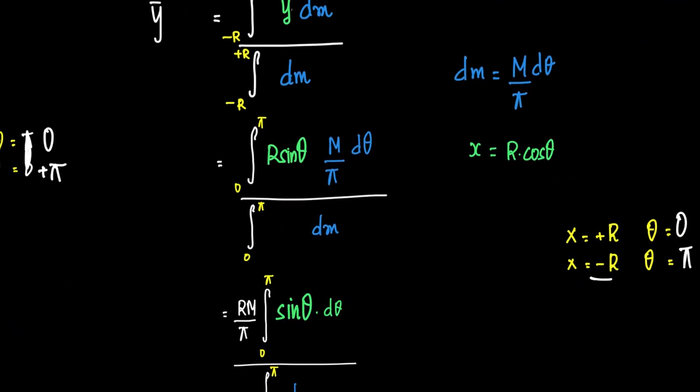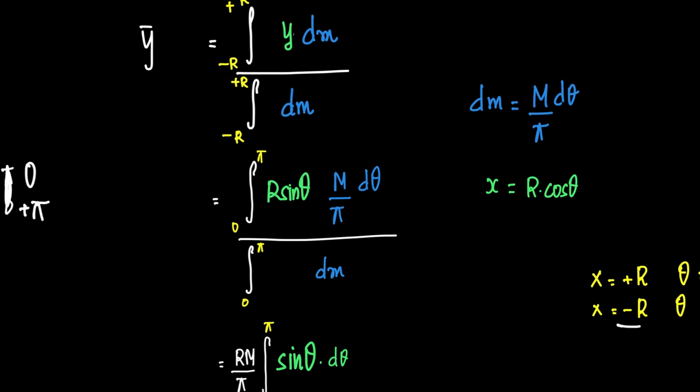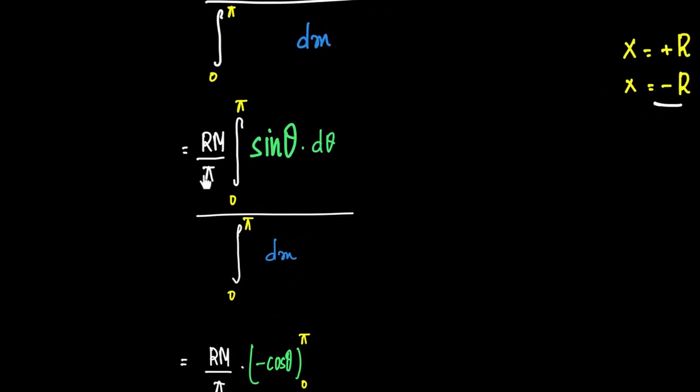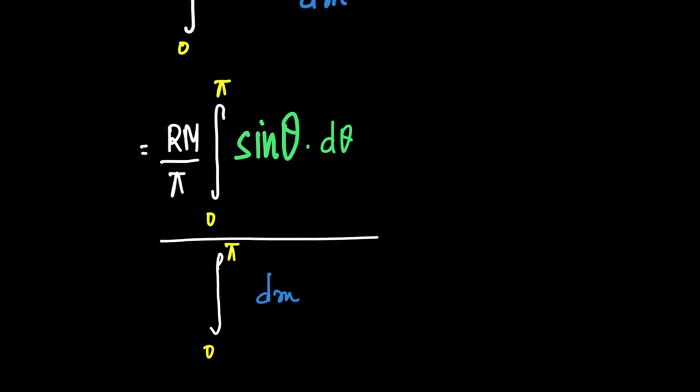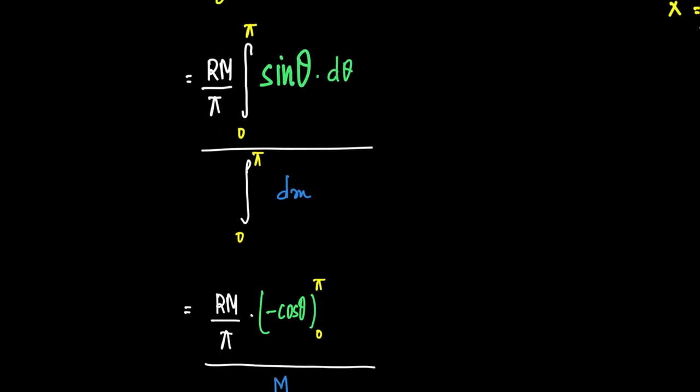Okay. Now the derivation, how does it vary? Instead of r cos theta, we have y is equal to r sin theta. r is a constant, m is a constant, pi is a constant, they can go out of the integrand. So we have rm by pi into integral 0 to pi sin theta. What is integral 0 to pi sin theta equal to?